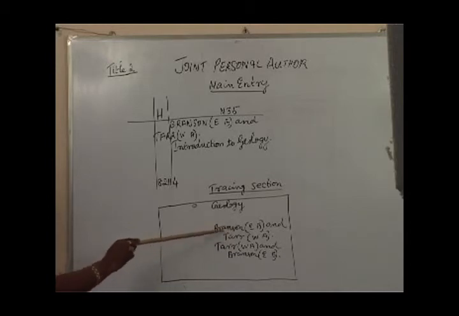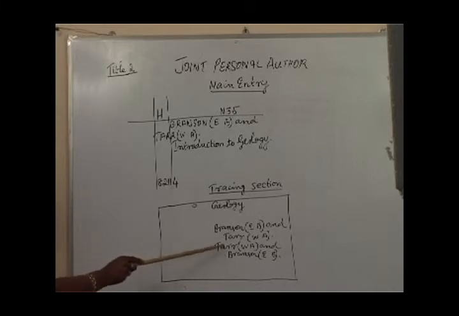In this case, we have got two authors. The approach of the reader can be either by the name Branson or even by the name Tarr. But when they arrange it in alphabetical order, Branson will be arranged under B. If some reader approaches by the name Tarr, we have to make one more added entry in the name of Tarr as the first author.